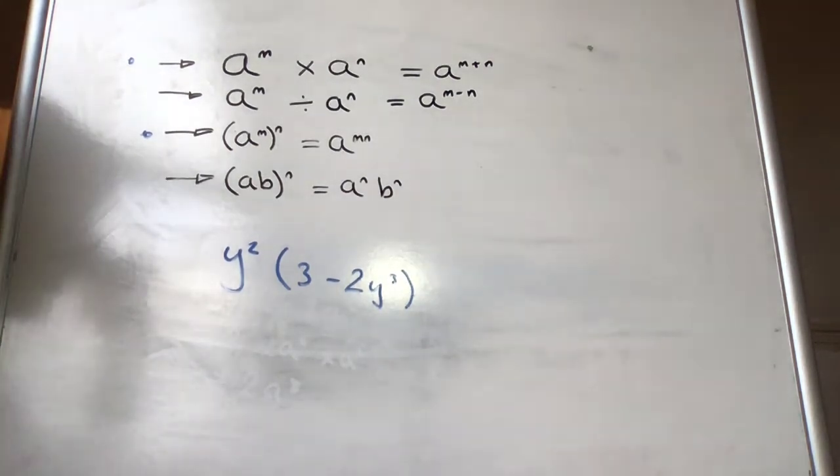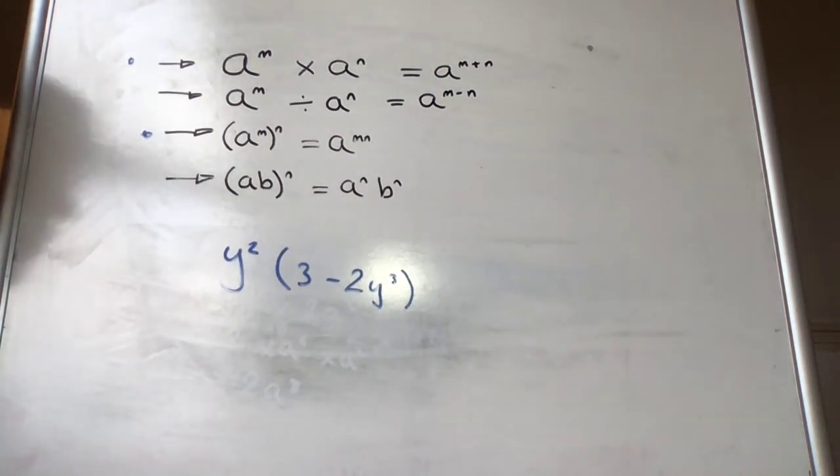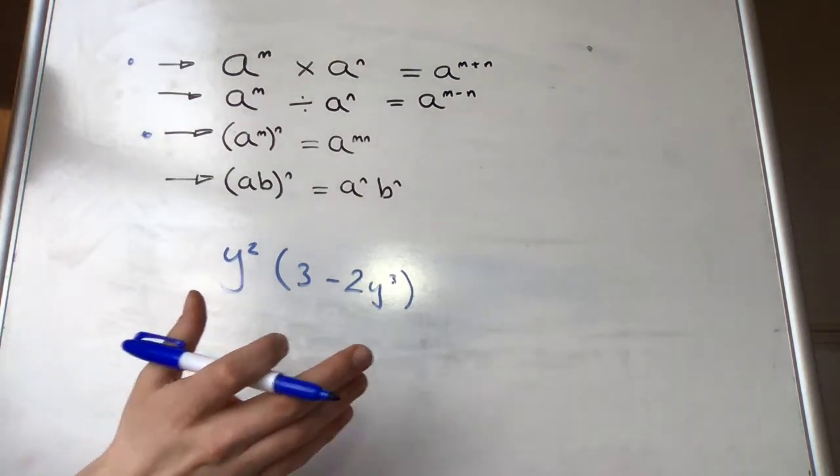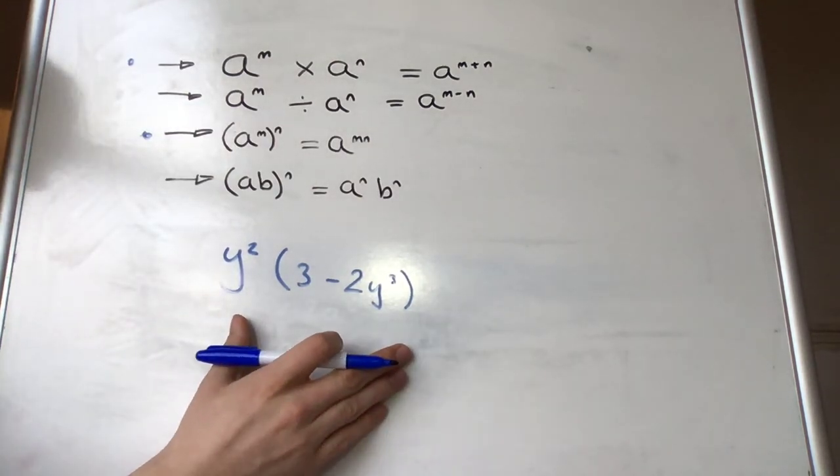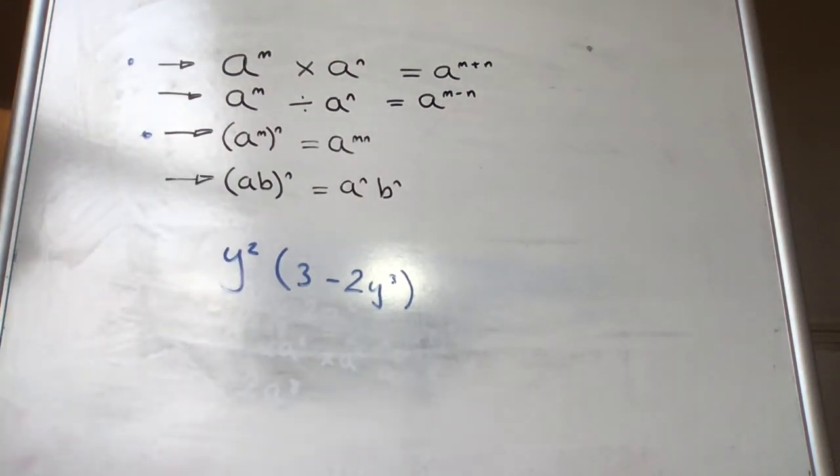Now, again, this is mathematics that you should have already learned by the time you see this video, in terms of how to expand a bracket. But if not, don't worry, we'll explain it now very quickly, and we'll show how these rules are necessary to simplify this equation.